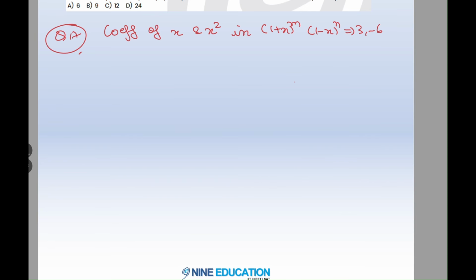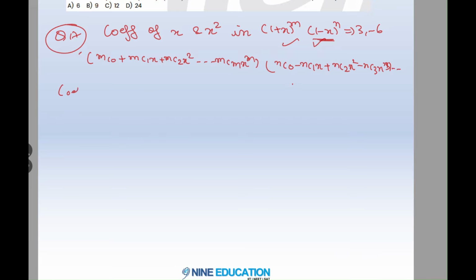So let's first expand (1 plus x) power m and (1 minus x) power n. (1 plus x) power m is mC0 plus mC1 x plus mC2 x square, and so on, mCm x power m. And the expansion of (1 minus x) power n is nC0 minus nC1 x plus nC2 x square minus nC3 x power 3 and so on. Now we want the coefficient of x.